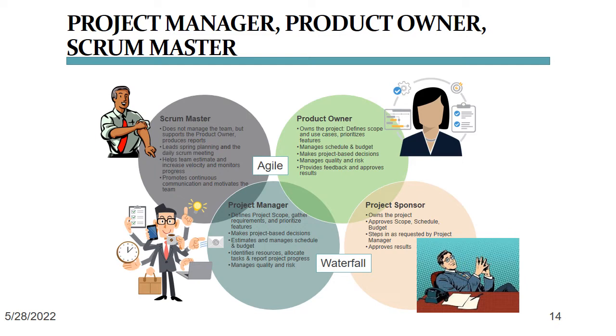In fact, the project sponsor, just like the product owner in an Agile context, owns the project charter, as we've seen. The project sponsor, however, is much more hands-off. He or she will only step in if requested by the project manager or if there is a real need or an emergency. But again, the project sponsor is at the top of the food chain and approves all the results in a waterfall project.